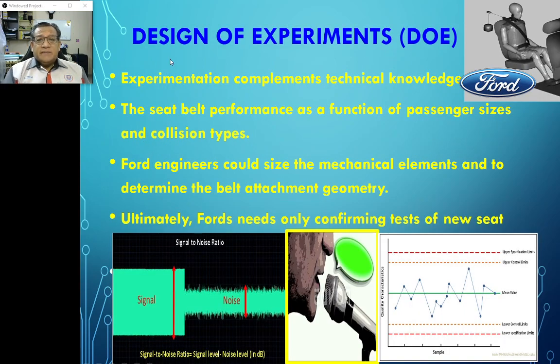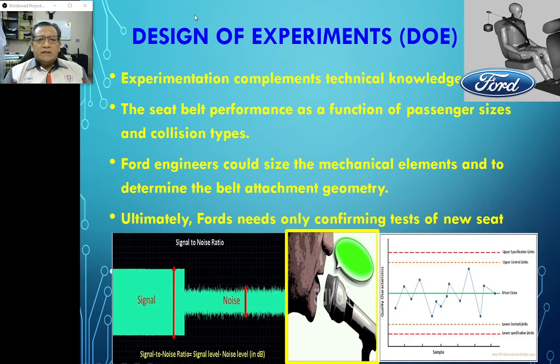Okay, this is basically the detailed explanation of DOE, right? Having the technical knowledge of designing the back seat or the seat belt is considered technical knowledge. How to design the best back seat, how to design the best type of seat belt for the car. Those are technical knowledge.